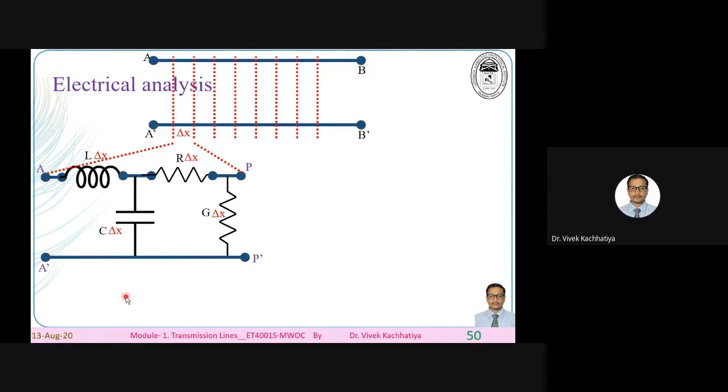Let's apply some voltage V at the input. What is the input? A dash, the input of this transmission line or this small section. When we apply voltage V to this small section, we will get some output at P and P dash.